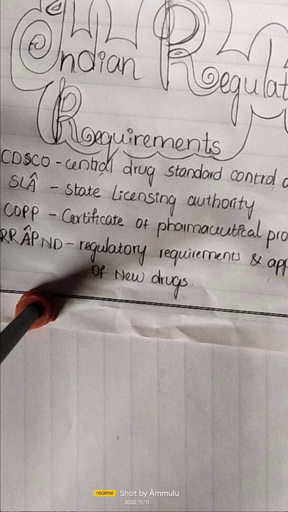The Drugs and Cosmetics Act was passed to address the sudden and rapid expansion of pharmaceutical production in the country. Both the Act and the Rules were subsequently amended many times.